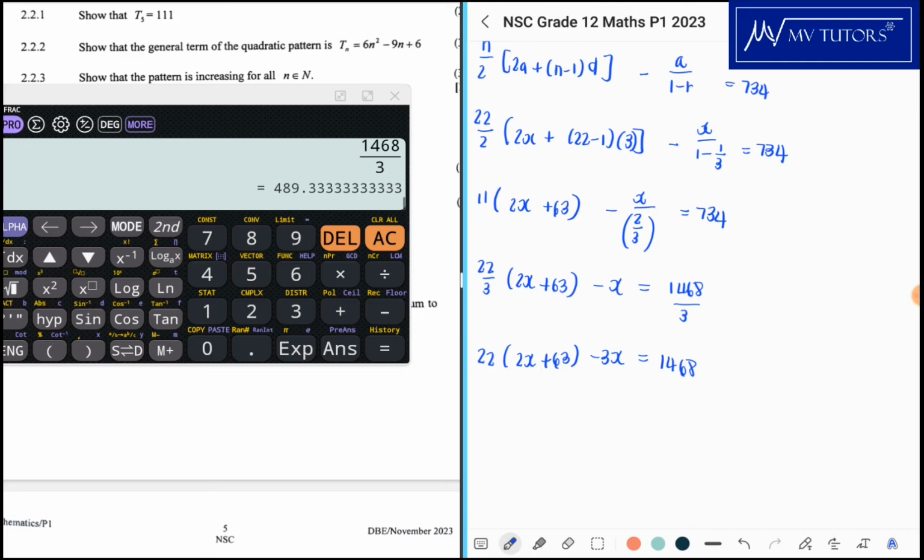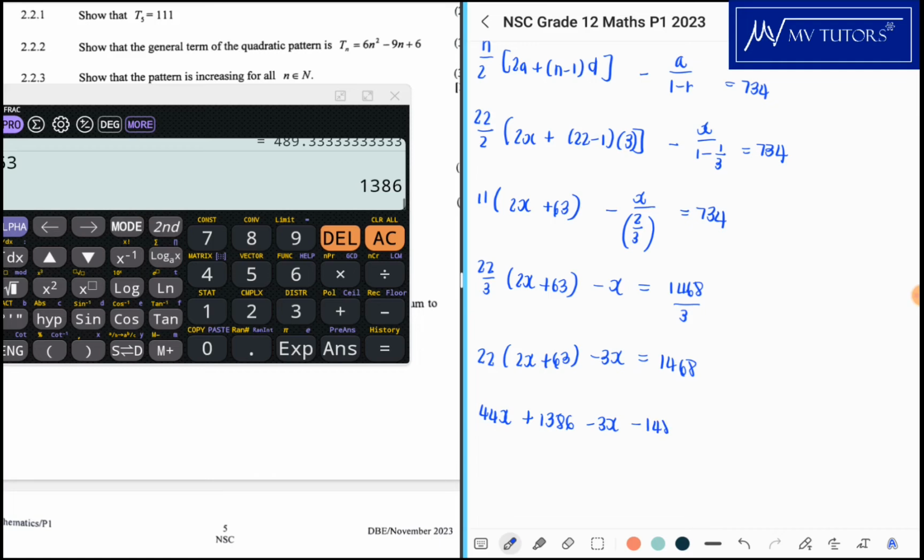Now I can finally take out the brackets. So I have 44x, and then what is 22 times 63? Yes, it's 1386. That's correct, my baby. And then now I'm just gonna say minus 3x and minus 1468.